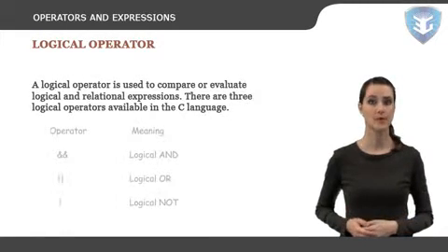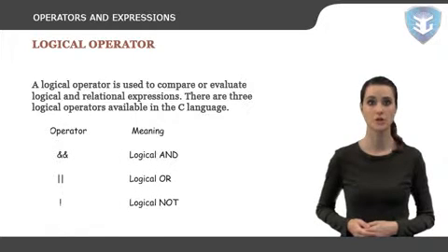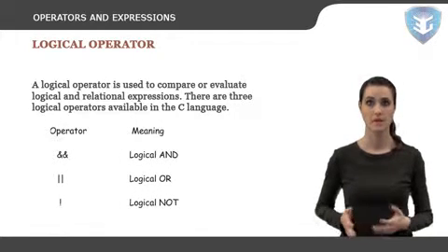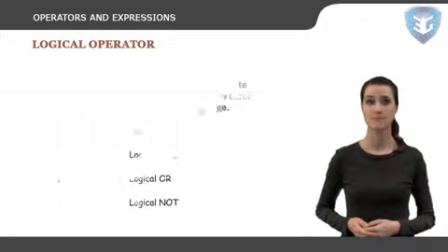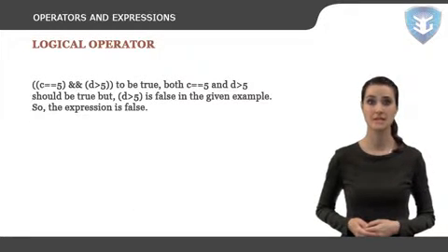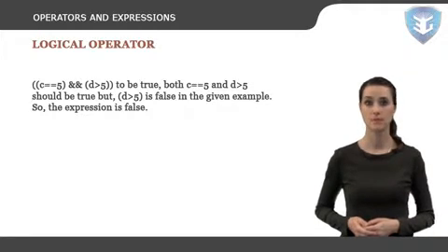A logical operator is used to compare or evaluate logical and relational expressions. There are 3 logical operators available in the C language. For example, for the expression C equals 5 logical AND D greater than 5 to be true, both C equals 5 and D greater than 5 should be true, but D greater than 5 is false in the given example.